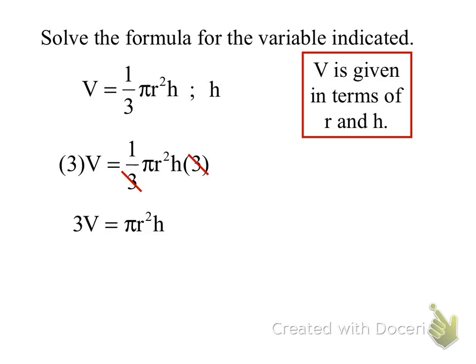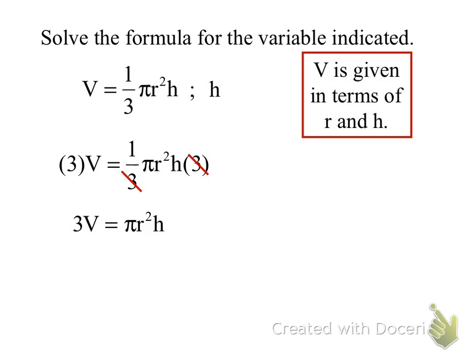Now, I can spend more time or less time doing this. But here's one where I can get rid of 2 steps at once. What else do I need to get rid of, Paul, in trying to solve for H down here? Oscar? Divide by pi r squared. You got it, Oscar.